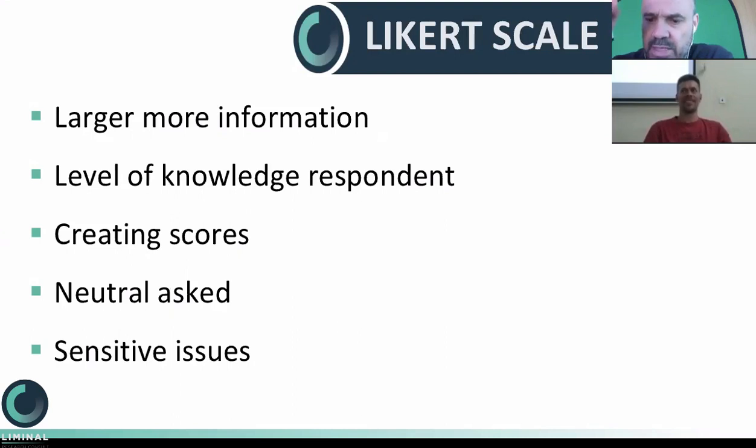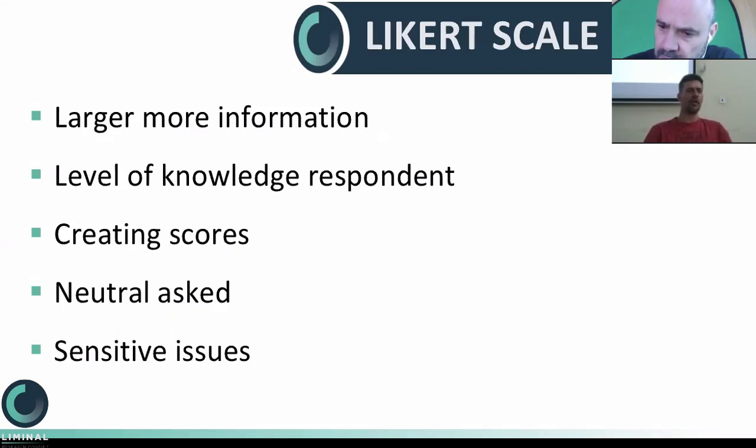So if you want to explore if people know something about it, then you will not use scales like this, maybe. Then you'll approach it in another manner. Because people must have some sort of opinion on the statements you provide to them. That's very important, because if they're not able to answer this, then it will mess up the whole questionnaire.